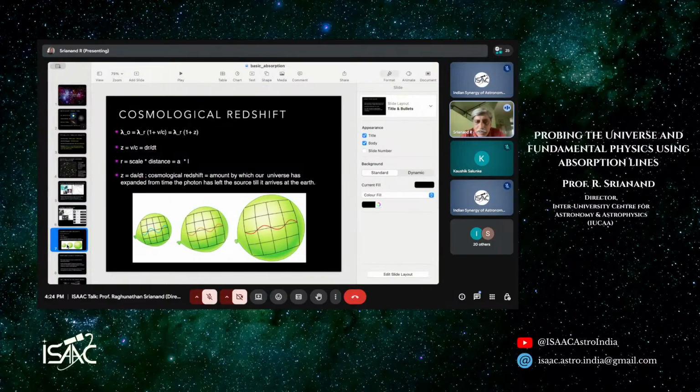If you want to measure a speed, because our scale is fixed, when we ask for velocity we just see how position changes as a function of time. On the other hand, we can also think of a situation where the distance between two objects has never changed, but the scale which we are using is changing as a function of time. If you do that, then you find that the velocity we are defining is actually coming from the fact that the scale I am using is changing.